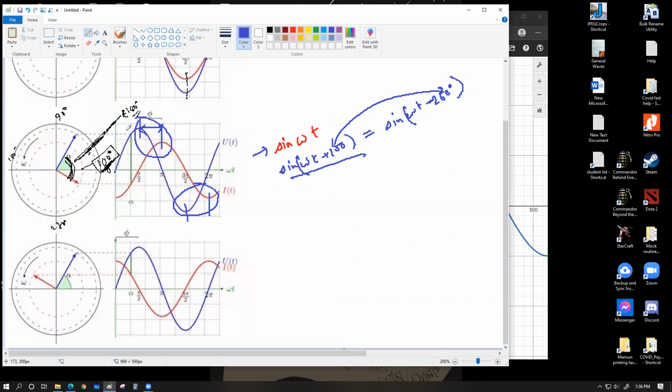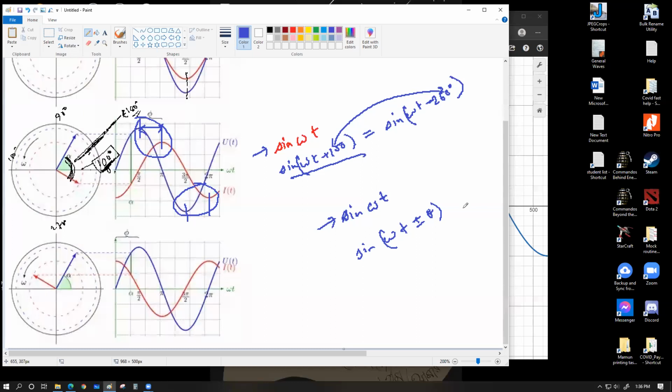Whatever angle you write after plus or minus, let's say this is your standard angle, and you are trying to give a new wave which should be expressed by something added with omega t plus or minus theta. So this is the leading or lagging curve that you want to express with respect to the original graph.